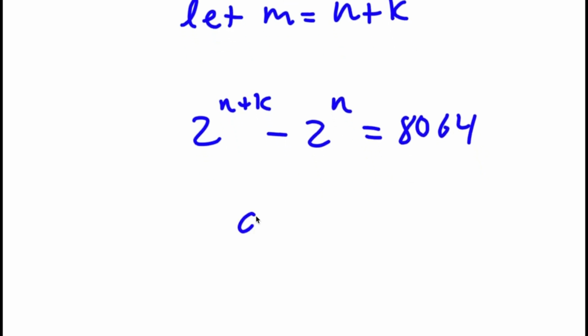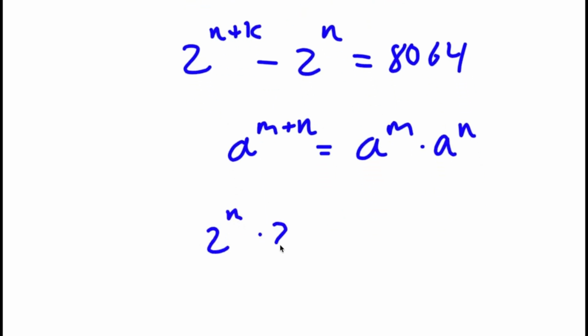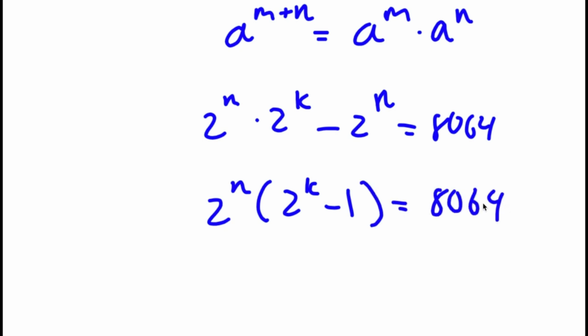Now, if I have something in the form a to the power of m plus n, this is equal to a to the power of m times a to the power of n. So 2 to the power of n plus k is going to equal 2 to the power of n times 2 to the power of k, minus 2 to the power of n is equal to 8064. Now, if I factor out 2 to the power of n, I get 2 to the power of n times 2 to the power of k minus 1 is equal to 8064.